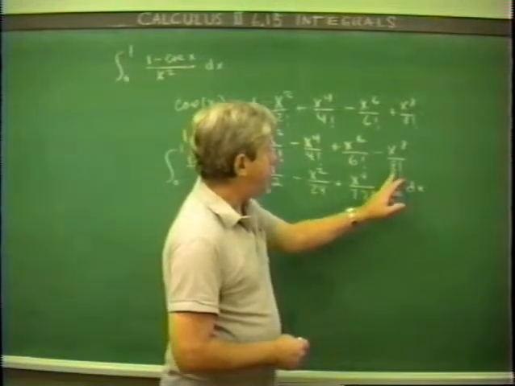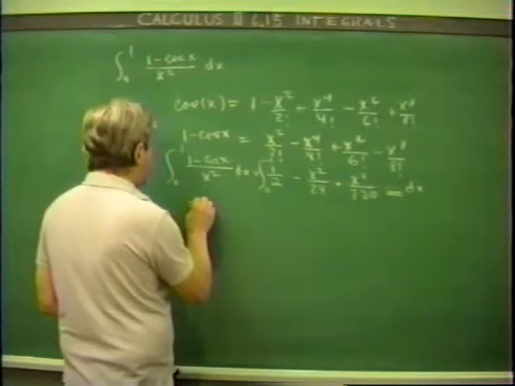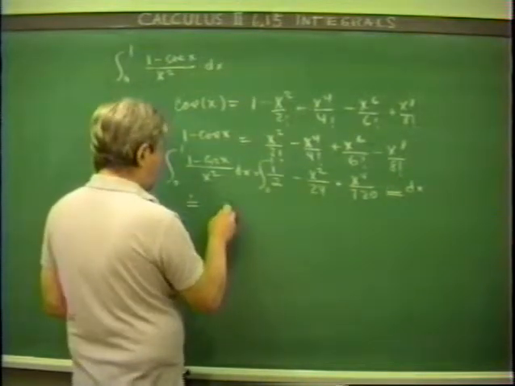And the terms from x to the 8th over 8 factorial on out are relatively small.